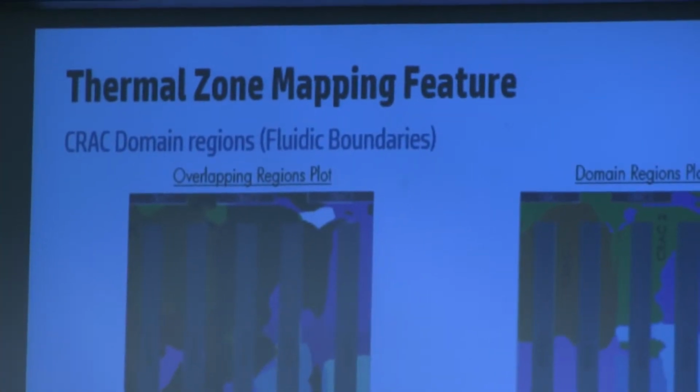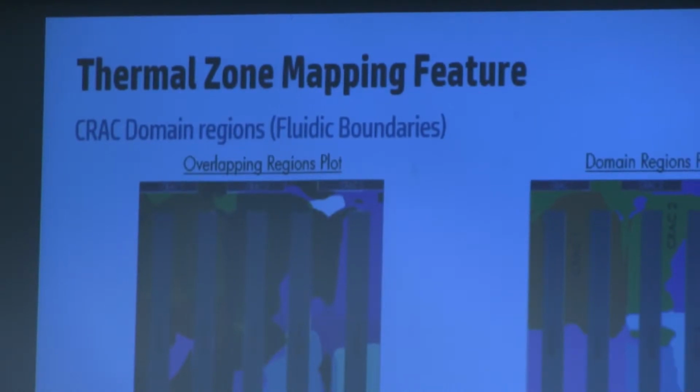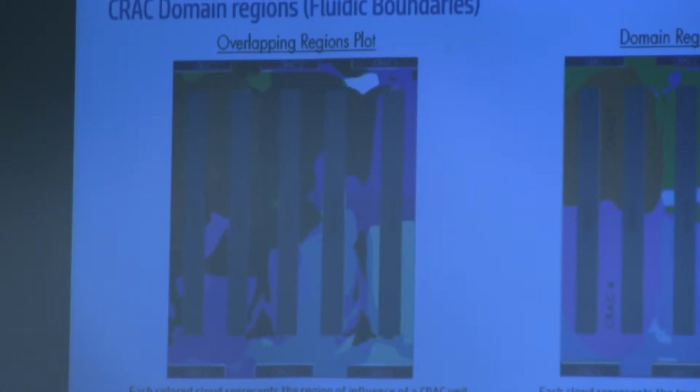Now, if you superimpose all of those plots, what we then understand is that in some regions you will see darker zones, and it's because you have influence of this air handling unit, but also influence of another one.